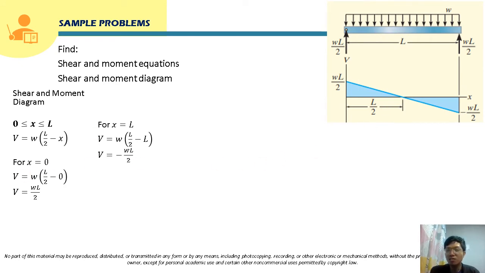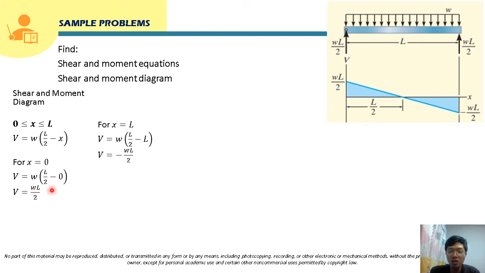Okay, so class, we can graph these values. For the shear diagram, we are going to draw this right below the free body diagram of the beam. At x equal to 0, this is our x-axis, and the y-axis here is where we are going to plot the values of the shear force.